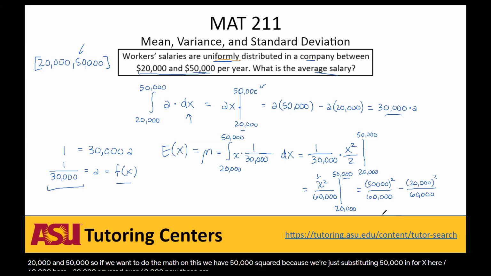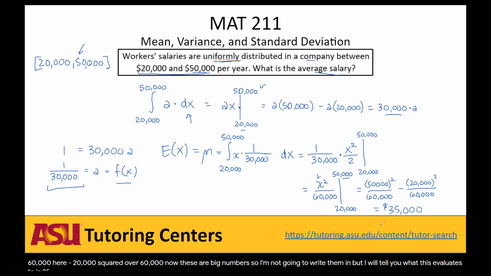These are big numbers, so I'm not going to write them in, but I will tell you what this evaluates to is 35,000. So our average salary, which is our expected salary here, is 35,000. And that's it. We're all done.